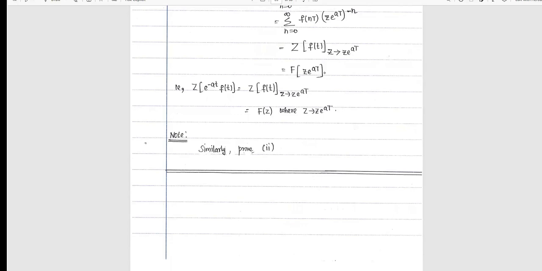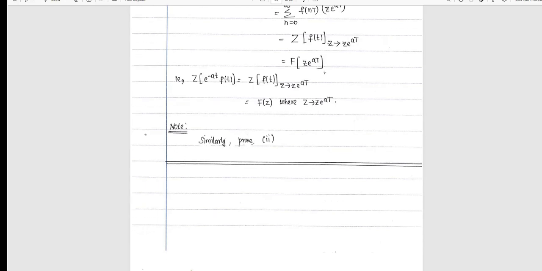Yes. And here, which is equal to the Z transform of f(t), because instead of z we are using z into e to the power aT together. So this is the transform with z replaced by z into e to the power aT.